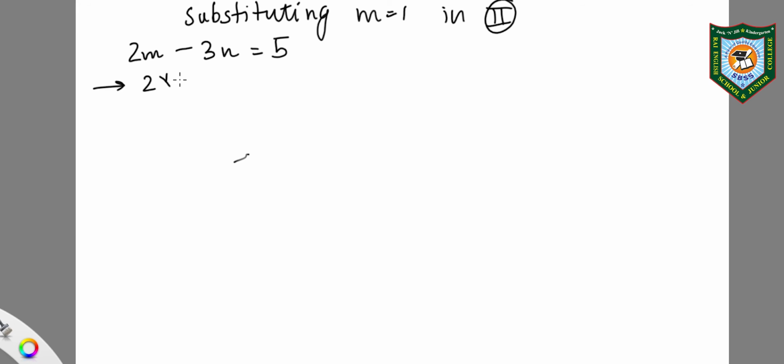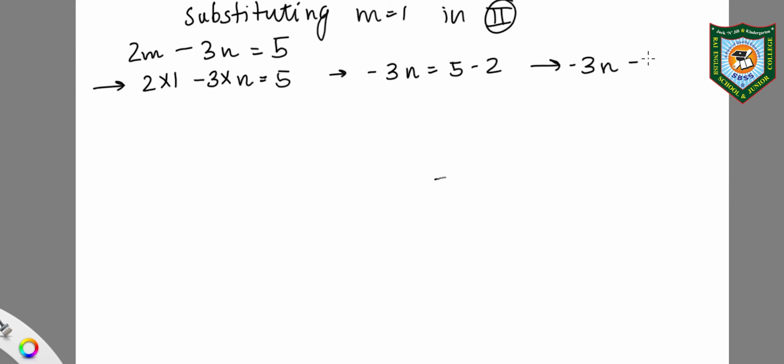So I have 2 into 1 minus 3 into n is equals to 5, which implies 3 minus 3n is equals to 5 minus 2, which implies minus 3n is equals to plus 3. Now 3 cancels out, and I'm left with minus n is equals to 1, which can also be written as n is equals to minus 1.